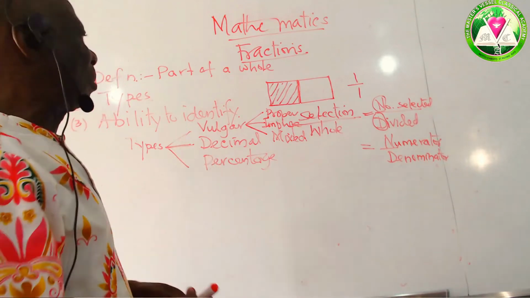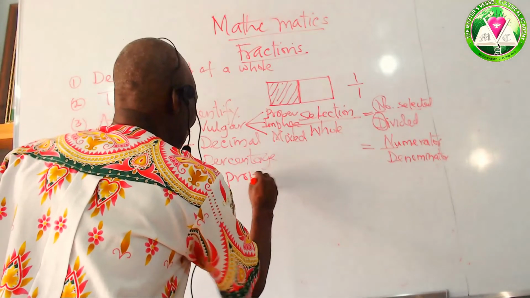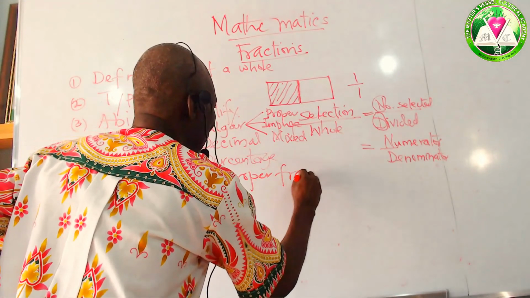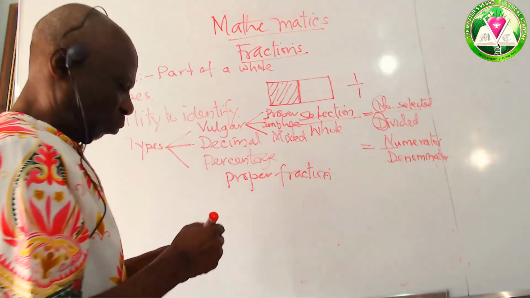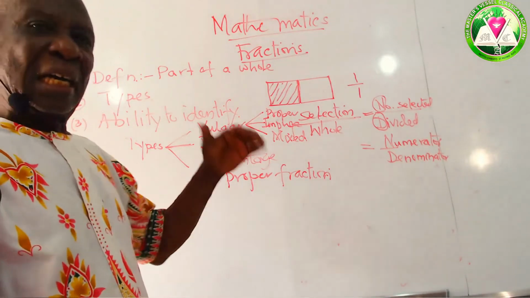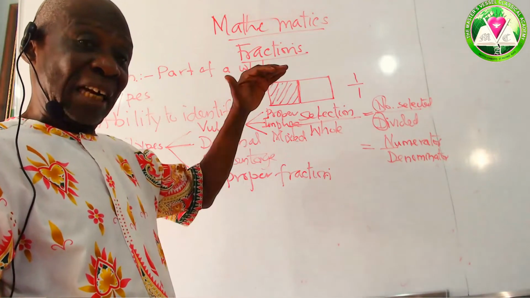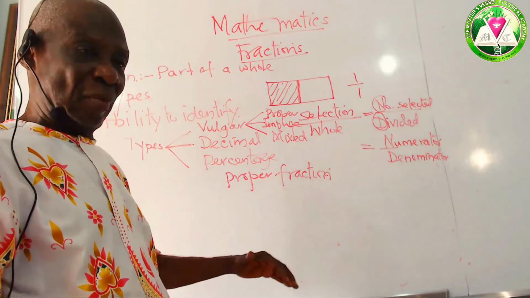Now, let's take some examples of proper fraction. Proper fraction is when the numerator is smaller than the denominator. That is calculating from top down. Numerator smaller than denominator.